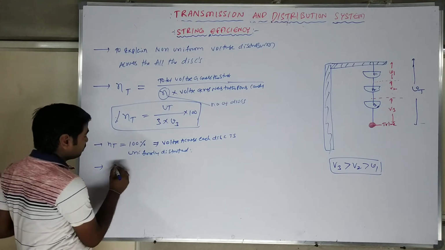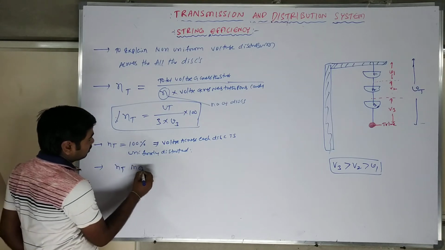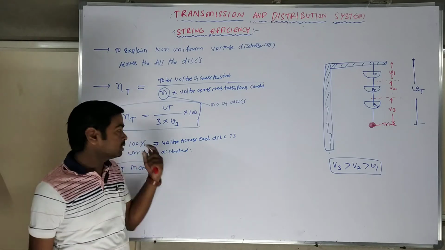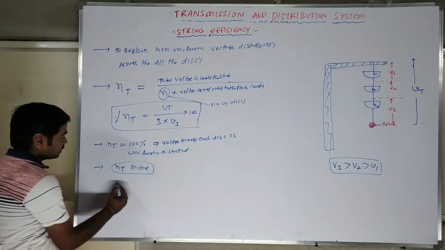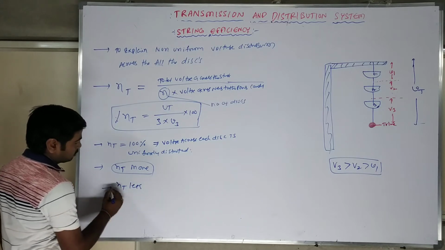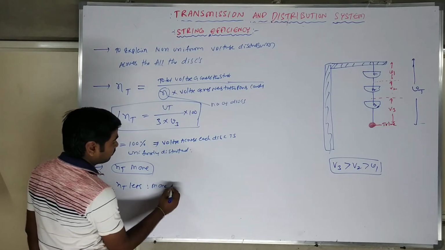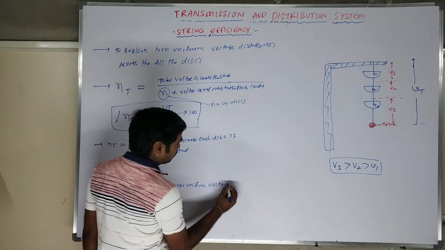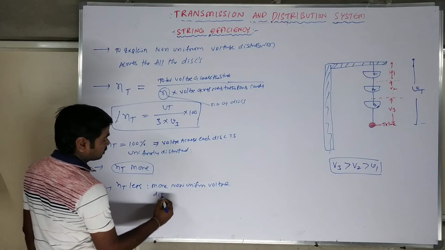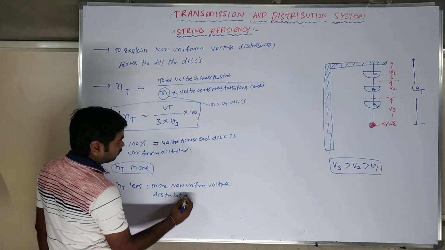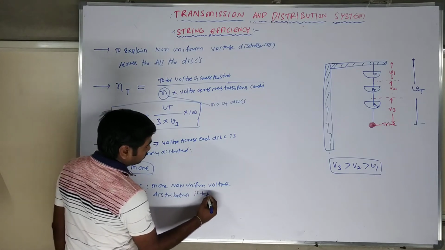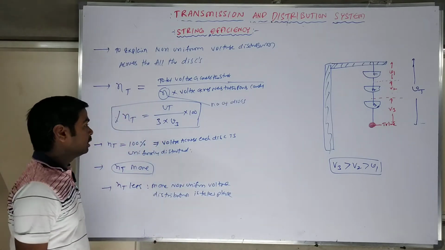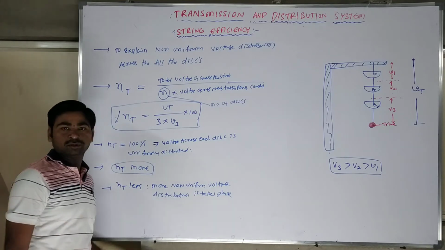You have to maintain string efficiency at as high a value as possible. If string efficiency is less, more non-uniform voltage distribution takes place. This is what string efficiency is.